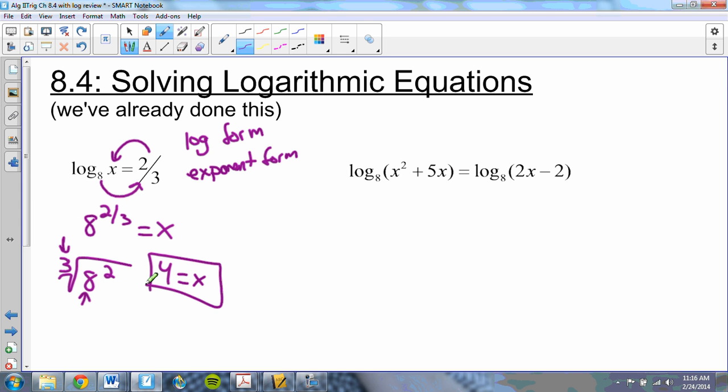How about the one on the right? Can you tell me how we're going to attack this one? I love it. We can just drop the logs.